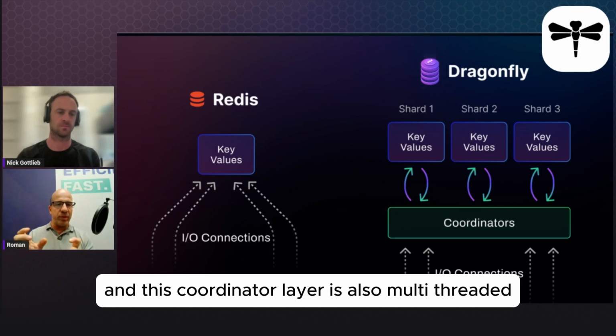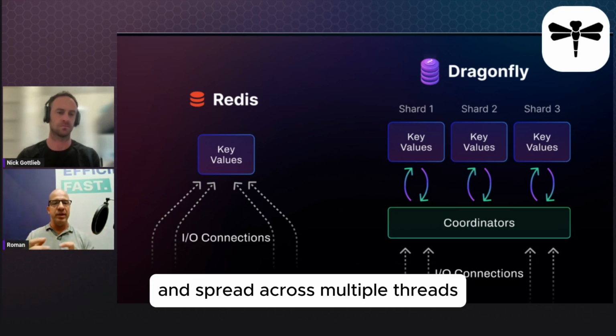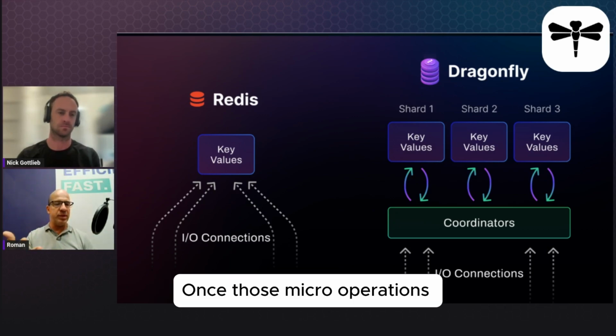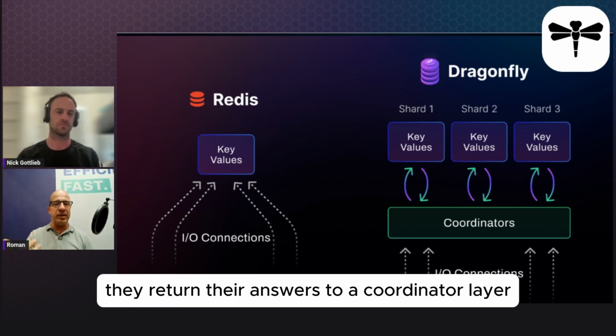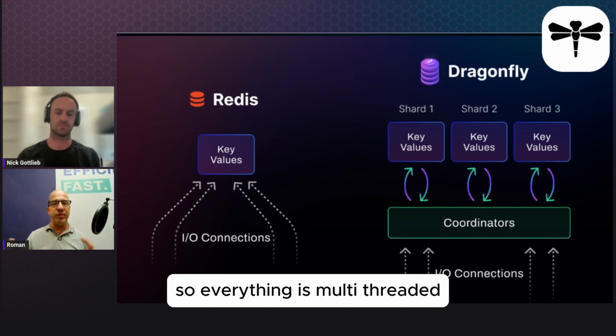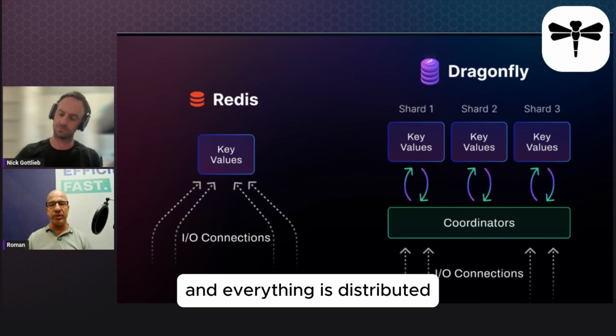This coordinator layer is also multi-threaded and spread across multiple threads. Once those micro operations are executed on each thread, they return their answers to the coordinator layer, which in turn returns the reply to the client connection. So everything is multi-threaded and everything is distributed.